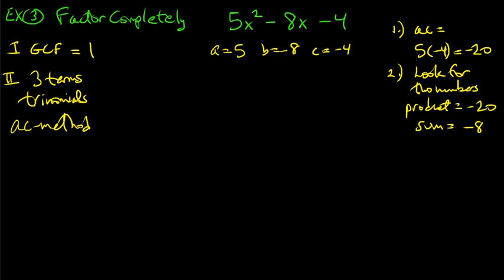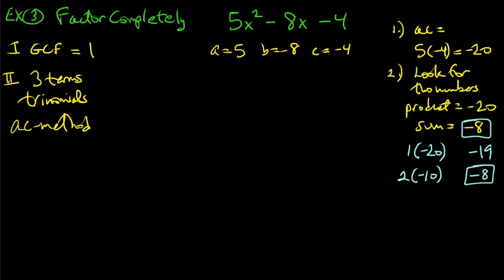Let's see, what 2 numbers multiply to negative 20? Well, 1 times negative 20. But 1 minus 20 is negative 19, which is not negative 8. How about 2 times negative 10? That's also negative 20. And 2 minus 10 is negative 8. And there's our match, right?